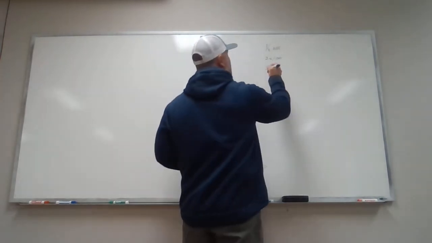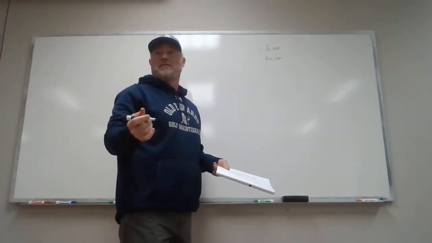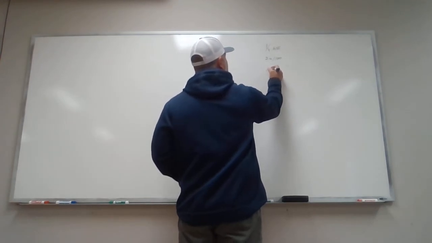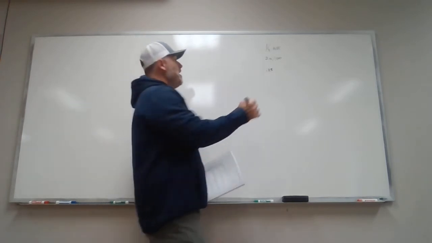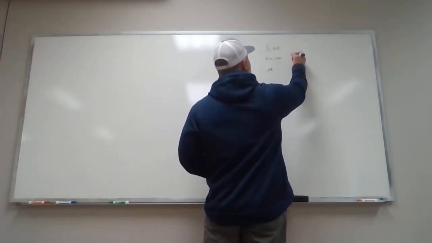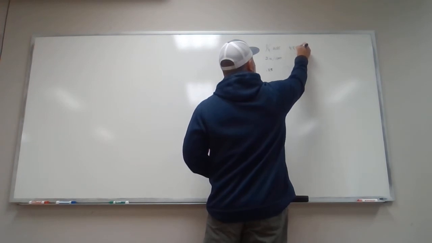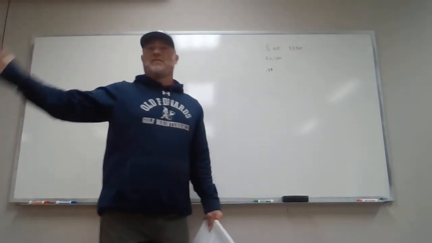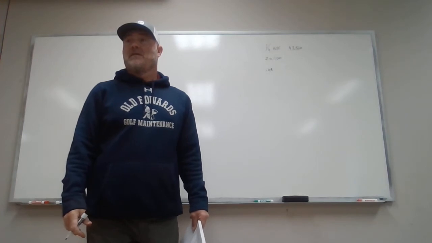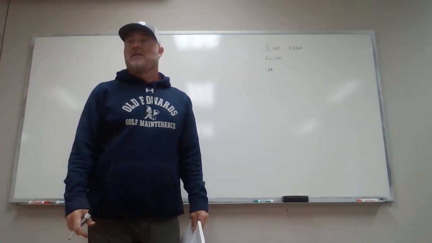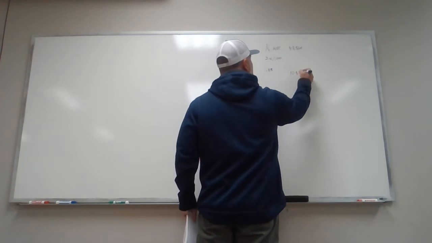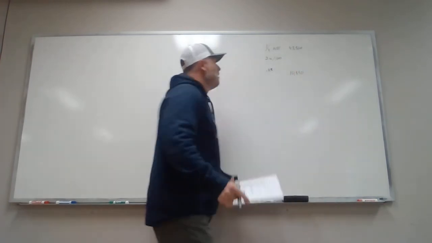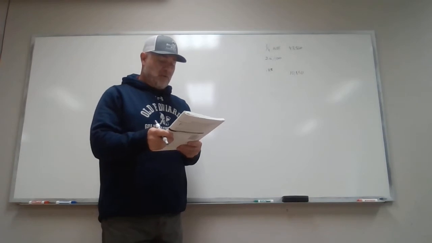Okay, so 1/4 of an acre is 0.25. So 1 acre is 43,560. What's 1/4 of 43,560? It's calling for 2 ounces per 1,000.